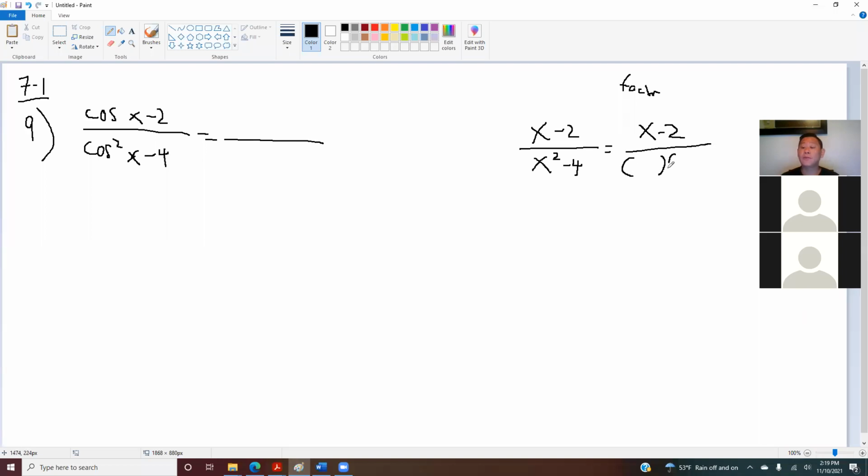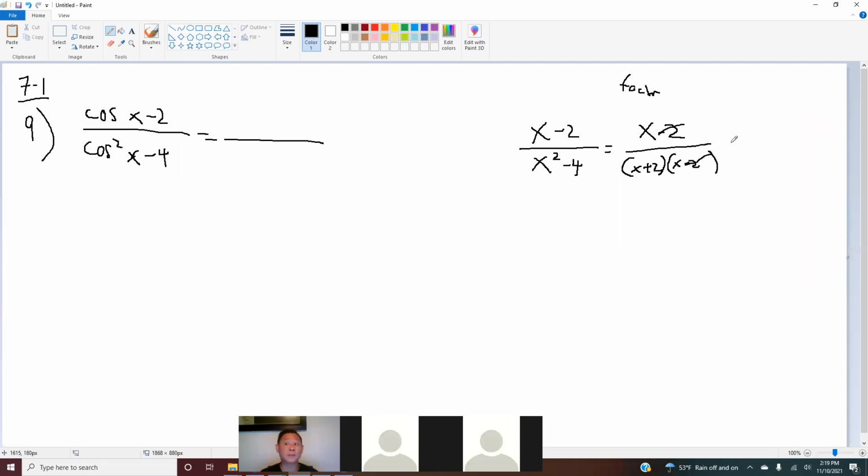Yes, we can. And what's the factor for this? x plus 2, x minus 2. And then what can you do in this case? Cancel the x minus 2. And what do you get? x plus 2. And now it's 1 over x plus 2. So be careful, this should be 1 over it. So this is your answer for this case. So can someone tell me what we can do with number 9?